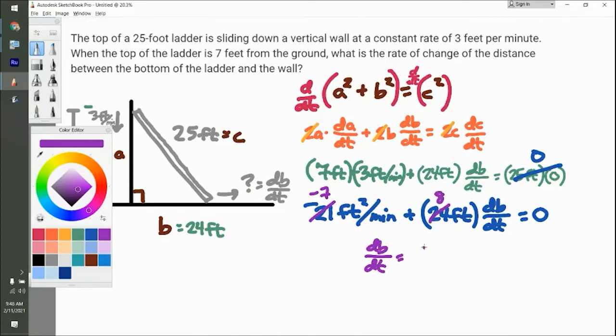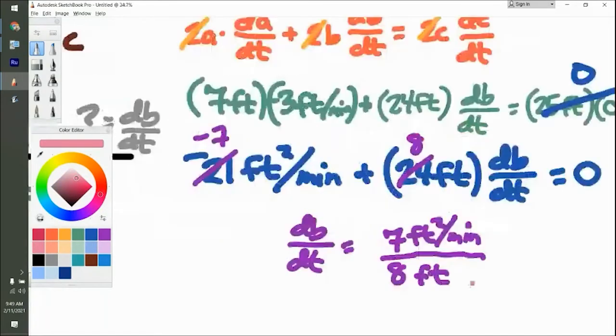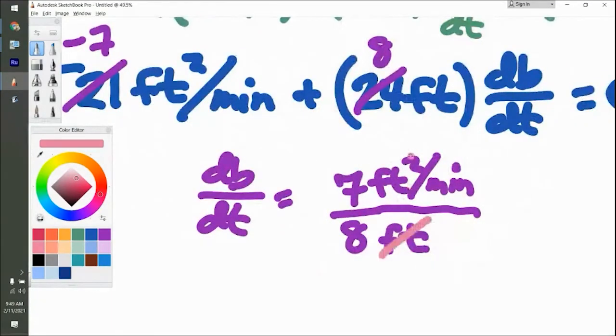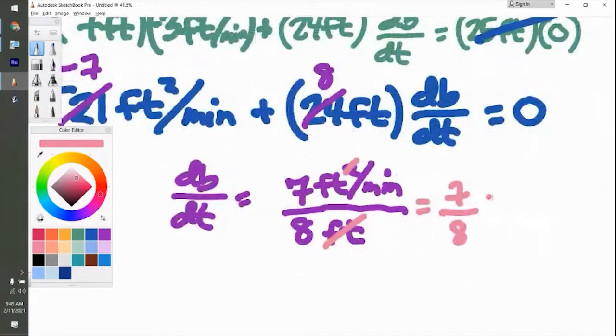So it's going to be 7 over 8, and it's 7 feet squared per minute divided by feet. You notice the units work out the way they're supposed to. (7/8) feet per minute.